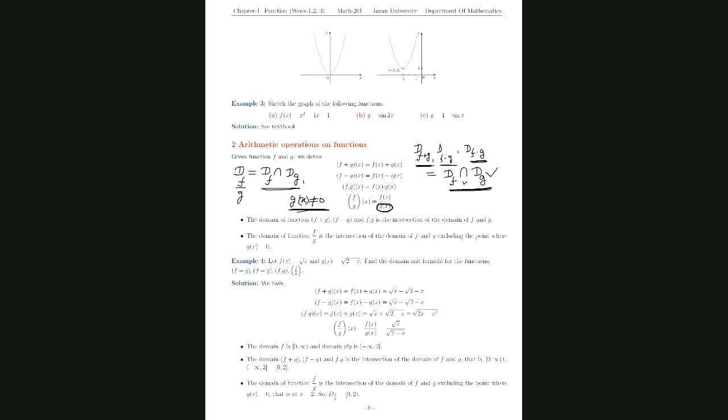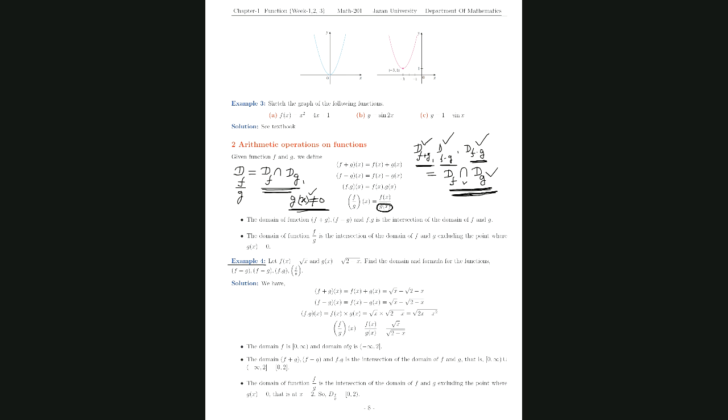Okay, so now let me find the domain, see this example. But remember the rule here: domain of f plus g, domain of f minus g, domain of f times g are all domain of f intersect domain of g, and for domain of f over g it is also the intersection, but the denominator function must not be zero.